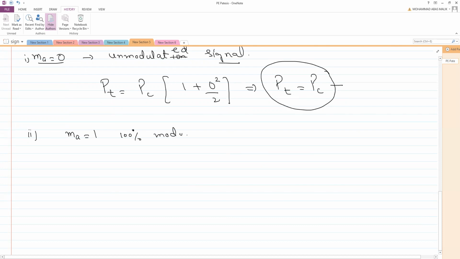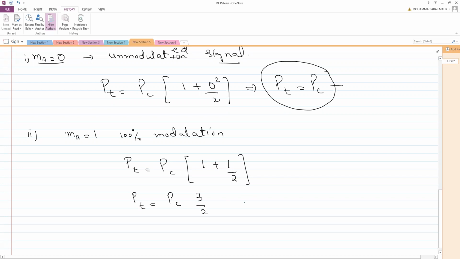Put MA equal to 1: PT equals PC times 1 plus 1 square divided by 2, that is 3 by 2.